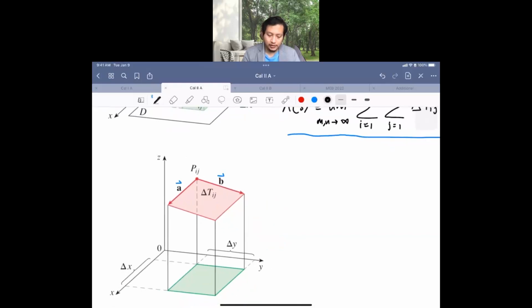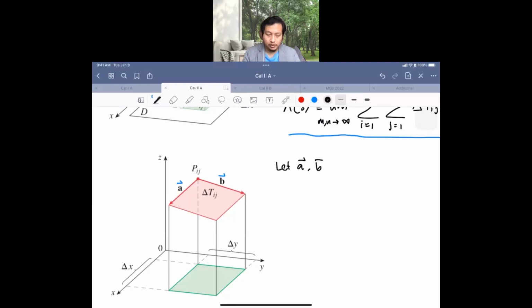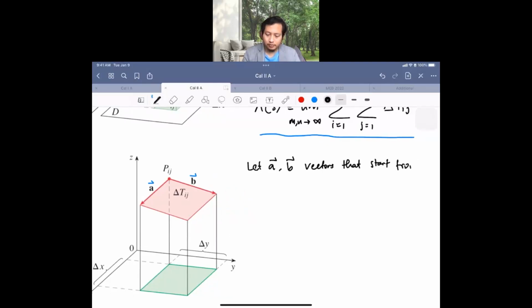First we can write the definition: let vectors a and b be vectors that start from point Pij and lie along the sides of the plane, or we say the delta T.